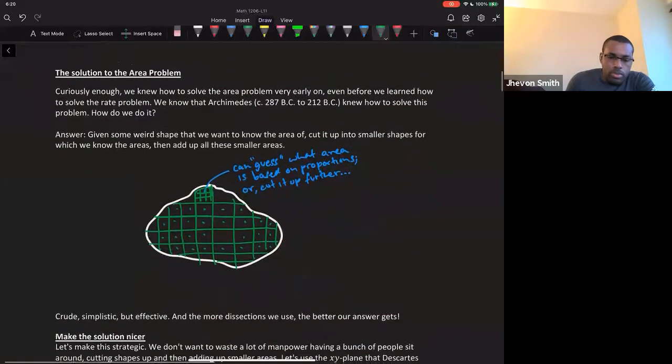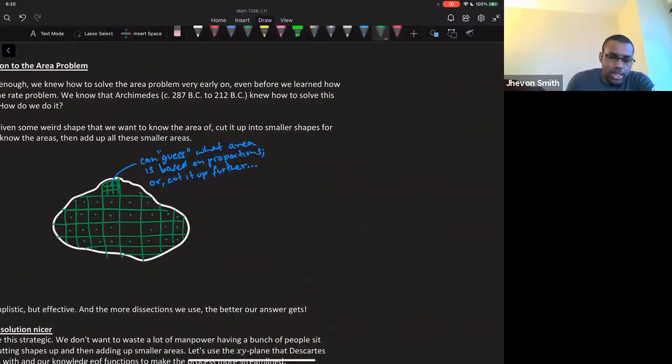So the idea is to cut up larger shapes into smaller ones.